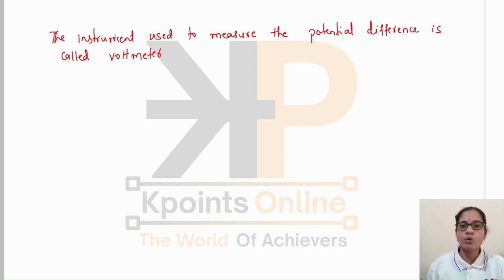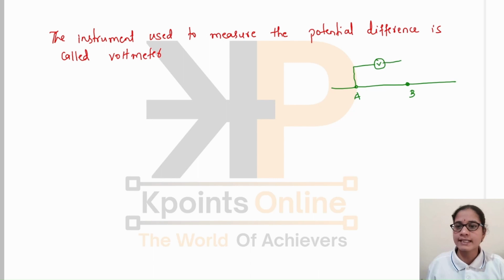And remember here, always the voltmeter is connected in parallel across the points between which the potential difference needs to be measured. For example, if you want to measure the potential difference between these 2 points, then the voltmeter is always connected in parallel across these points.